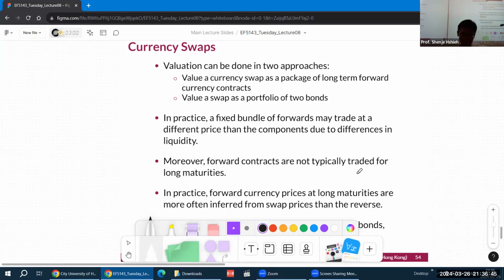All right, finally, currency swaps. We're not going to be dealing with variable interest rates here. We're just assuming that the interest rate when you engage at the beginning is fixed.